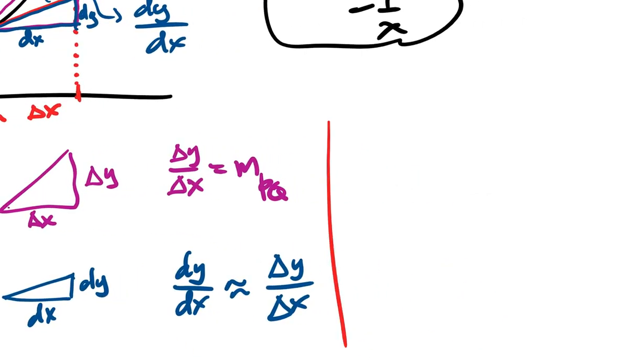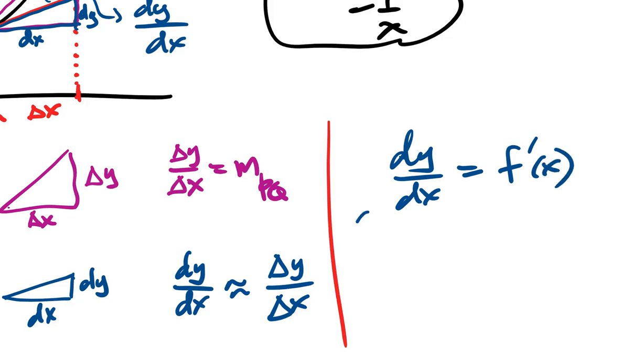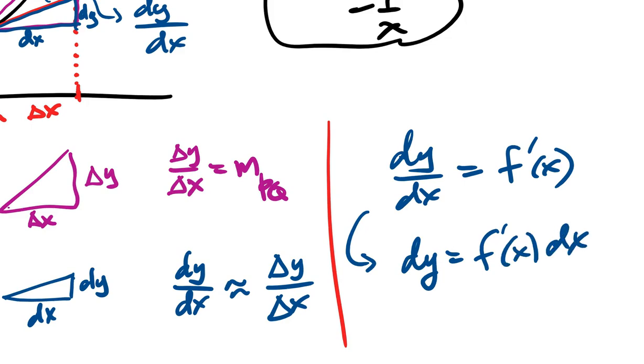In Cal 1, you said dy over dx, let me draw that in blue because I've drawn those in blue, was your derivative, f prime of x. It's an equivalent statement to say that dy is f prime of x dx. We're not multiplying both sides by dx, it's just an equivalent statement.